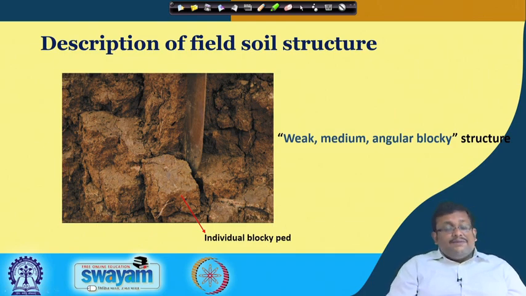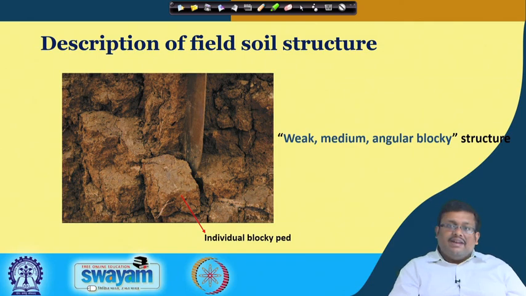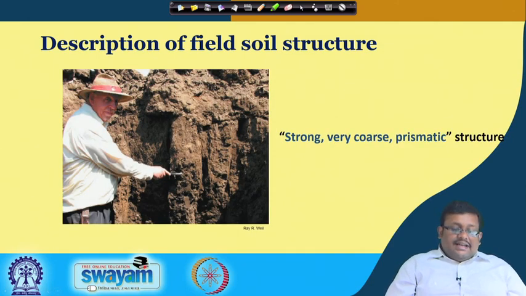Now, let us see some descriptions of field soil structure. As you can see here, these are individual blocky peds, and this is an example of weak medium angular blocky. So, it shows a combination of type, class and grade of soil structure while defining a soil structure. Then this is a strong, very coarse prismatic structure.